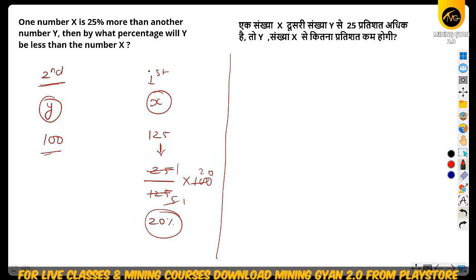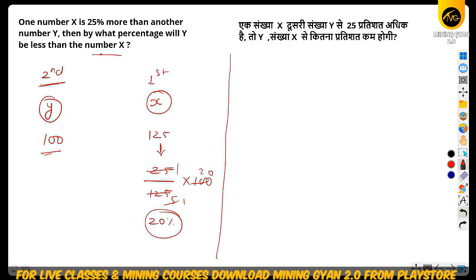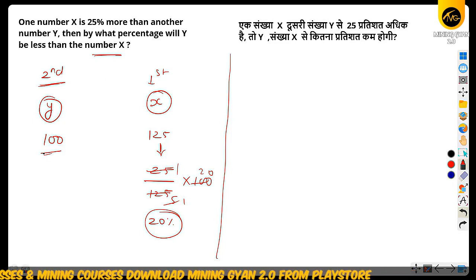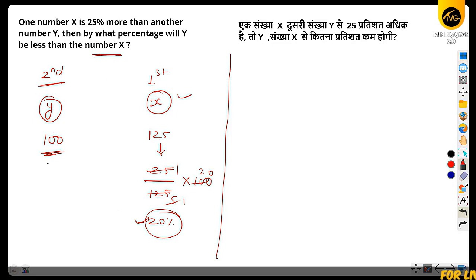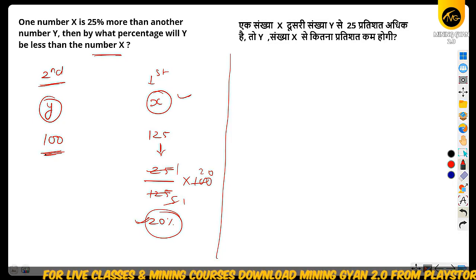So that's why you can call y 20% less than the number x, because ये 25 कम है तो ये 20% कम है इससे, ठीक है. तो भले ही x जो है y से 25% ज्यादा है, लेकिन y जो है x से 20% कम है. Is it clear? This is basically a logical approach, or you can say this is the basic logic to find out the answer to this type of question.